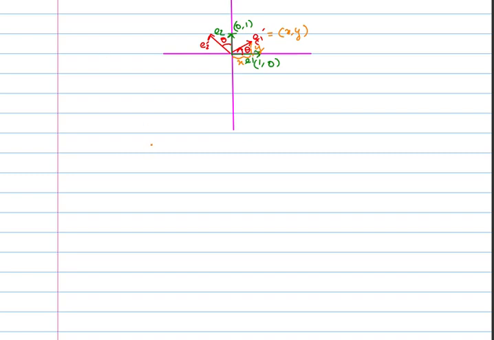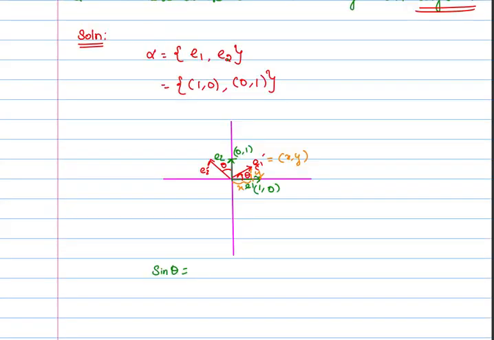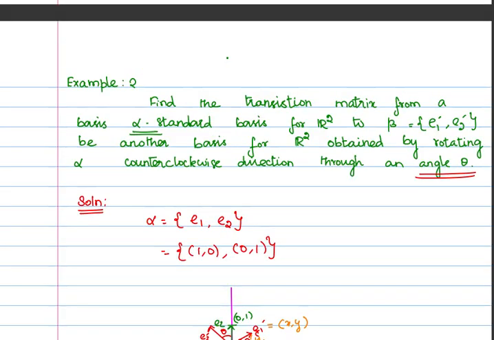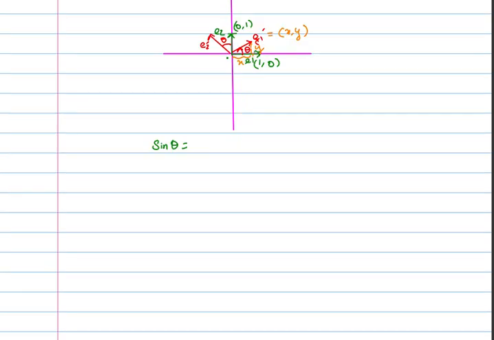So sin theta equals opposite side by hypotenuse. I know the length of the vector is 1 because I am not magnifying, I simply rotate the standard basis, so the length is always 1. So y divided by 1, this implies y equals sin theta.